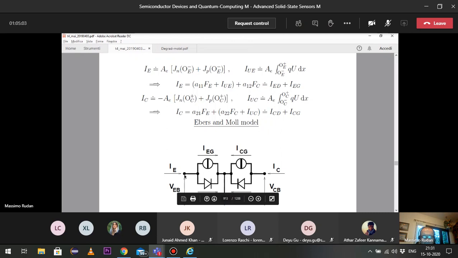It is a voltage from some other place in the device. So this branch must be thought of as a controlled current generator, a current generator controlled by a voltage. This is why in the circuit it is indicated with this symbol, I_EG, the part of the emitter current due to the controlled generator.